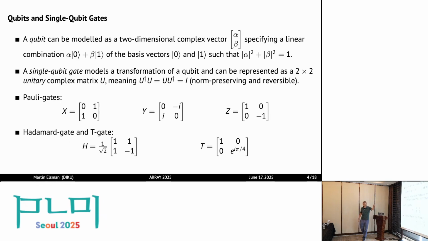That means there are a lot of gates you can write up, and here are some examples: the X gate, the NOT gate, the Y gate and the Z gate. They are called the Pauli gates, and then there's the Hadamard gate and the T gate down here, shown as examples of unitary matrices that you can compute with.